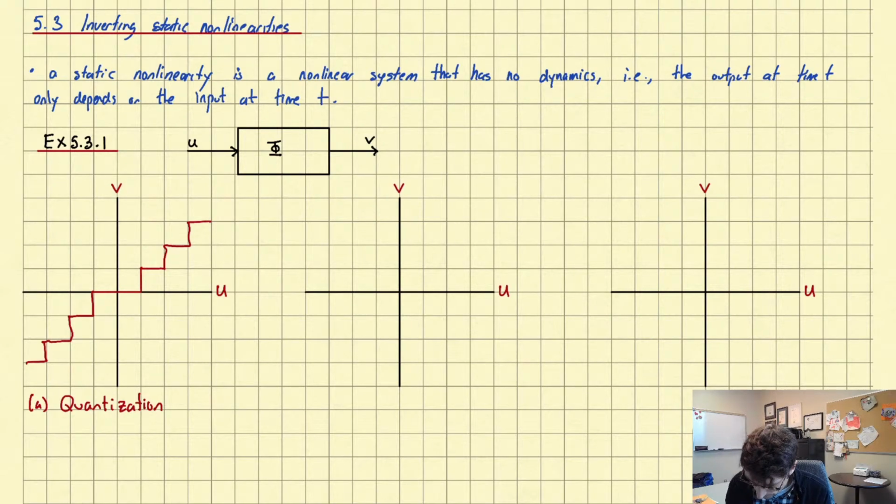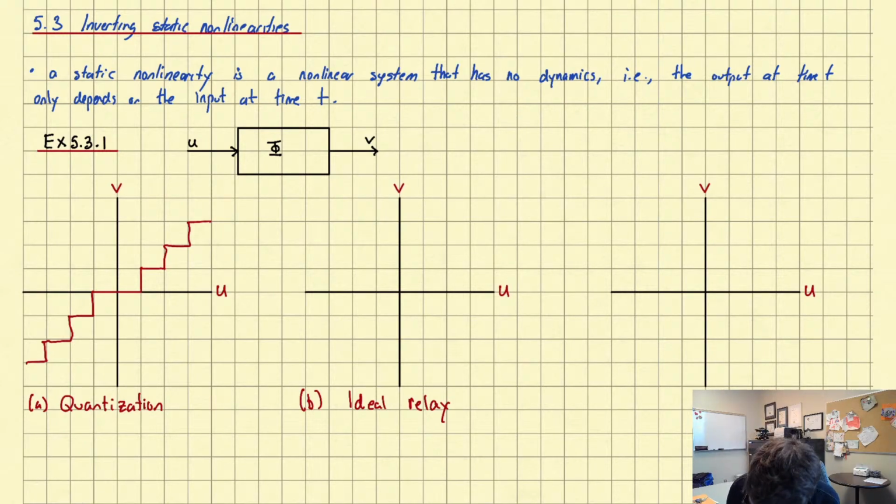Another example of a nonlinear system, so-called ideal relay. So when the input is 0, or less, the output is 0. And as soon as the input becomes positive, the output turns on, so it goes to 1.